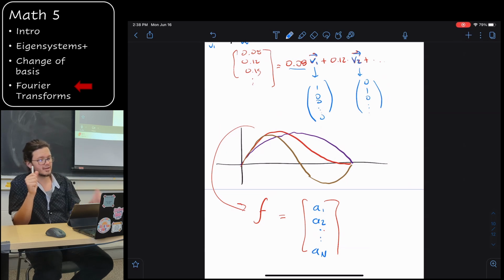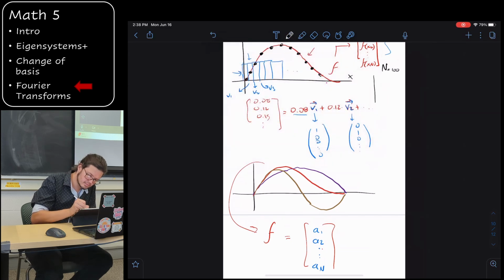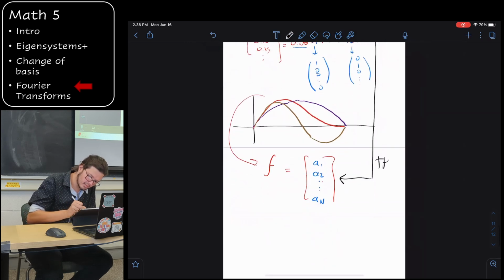And in principle, and here is a key observation, these two are the same object up to a language change.